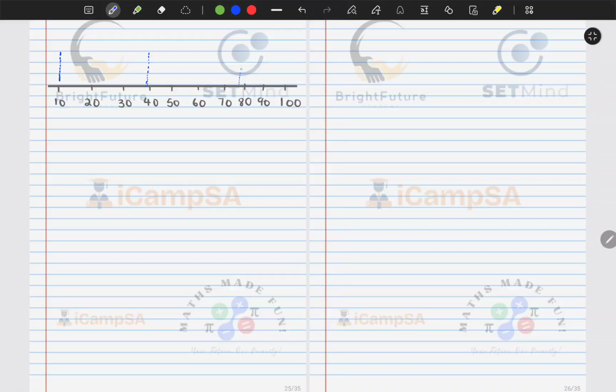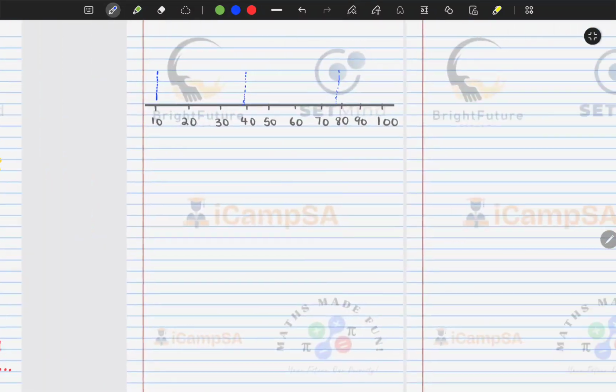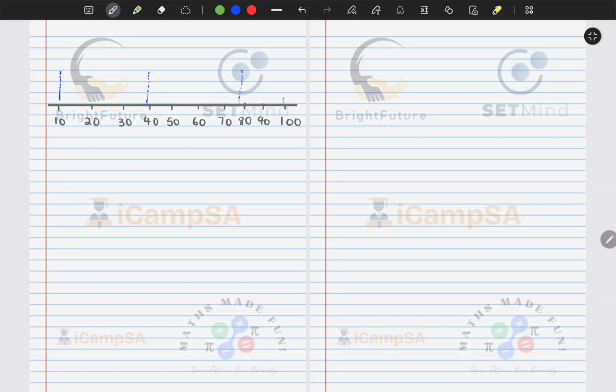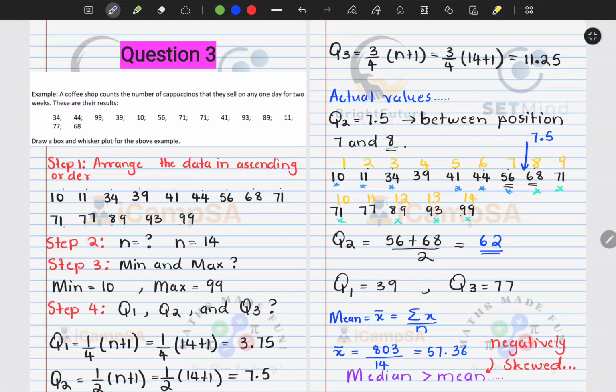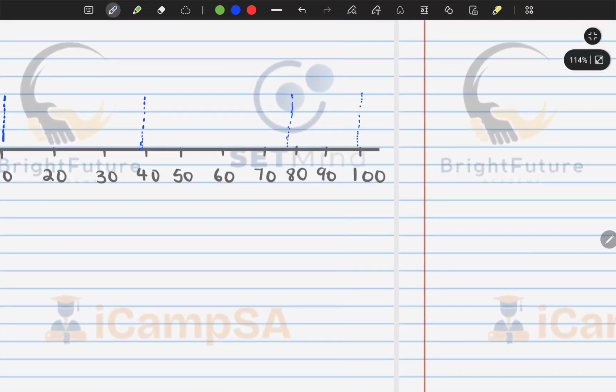So 77, somewhere there. That's your Q3. And your maximum is at 99. Okay. That's just before 100. Just going to draw a line. Then now what I'm going to look for is our median. So our median is 62. So that's just after 60. So somewhere here.